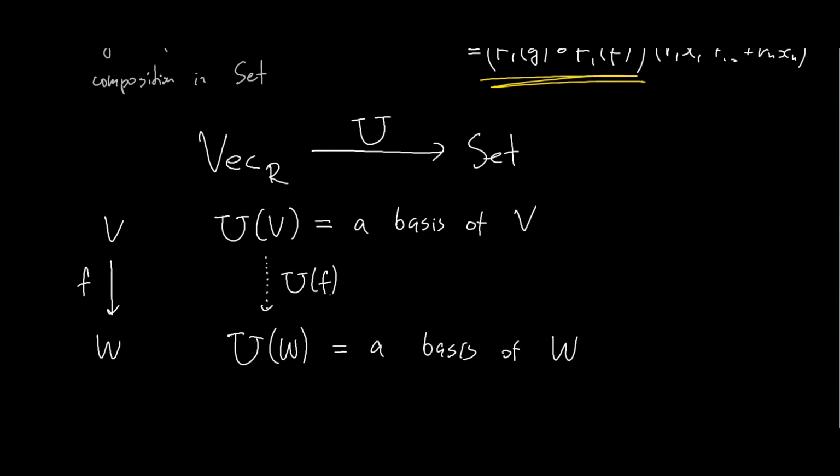We would probably hope that we can restrict f to the basis. But the problem is that when we restrict this to the basis, the values on basis vectors might not necessarily be inside the basis we selected here, right? So that doesn't work.